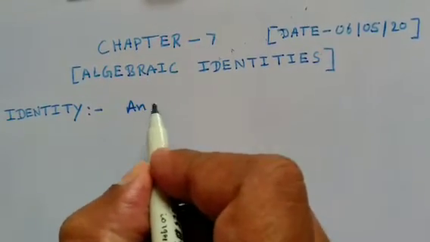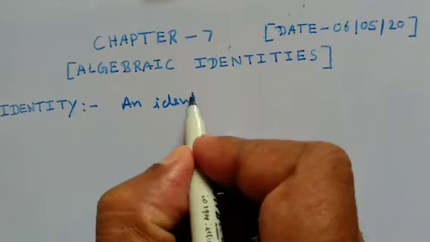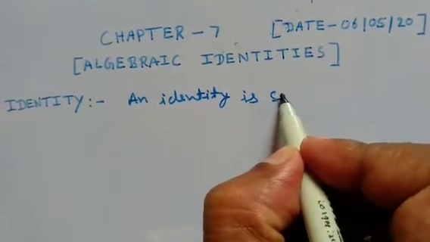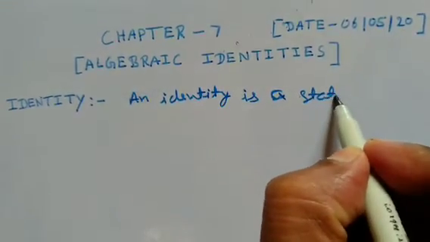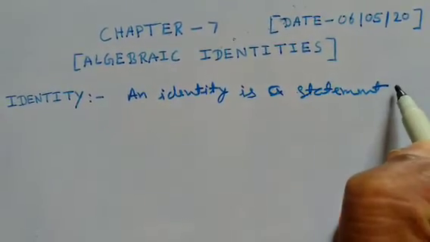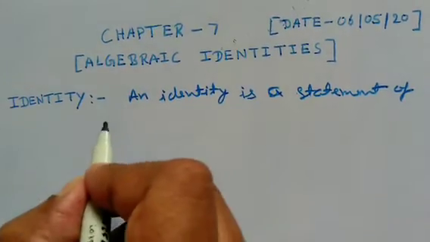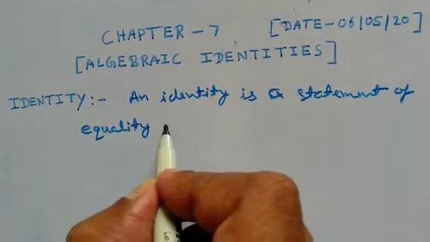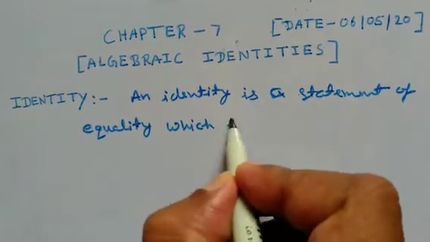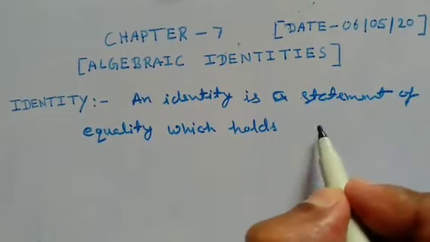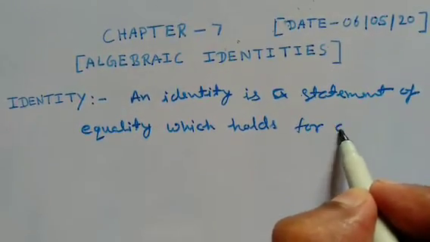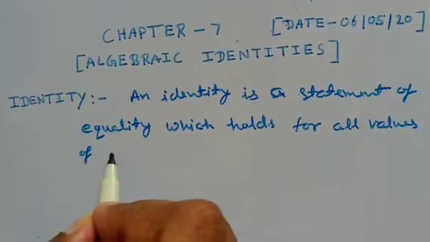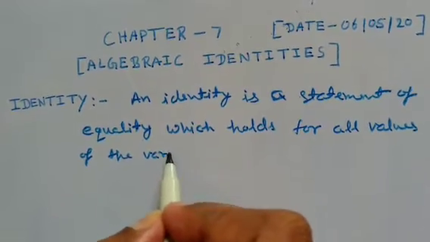An identity is a statement of equality which holds for all values of the variables.